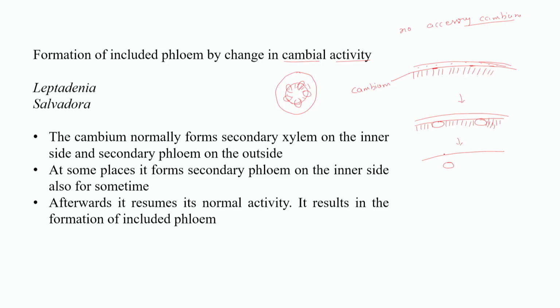When more xylem is produced, this phloem will move to the upper side, and it will appear that this phloem is actually embedded in the xylem. This is the way by which included phloem will be formed. In Leptadenia and Salvadora, this type of included phloem formation takes place.